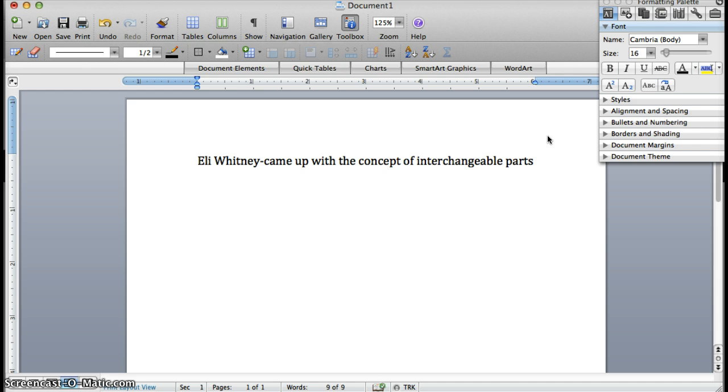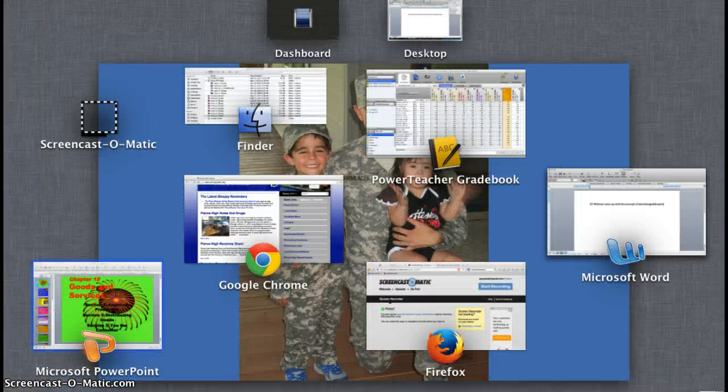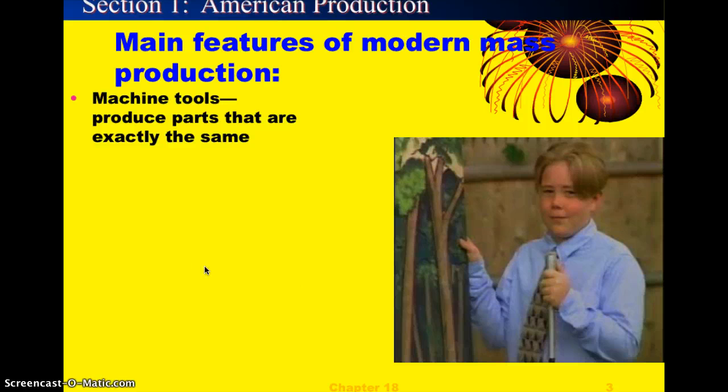Okay, so you should have that written down in your notes, that Eli Whitney came up with the concept of interchangeable parts. What happened was Eli Whitney was contracted by the U.S. government to make rifles for our military.